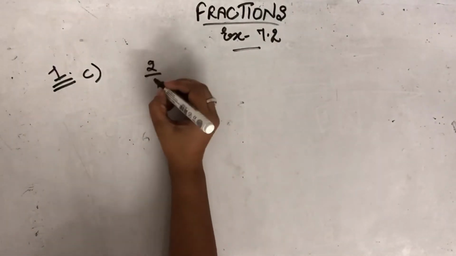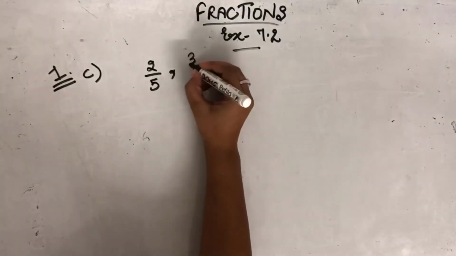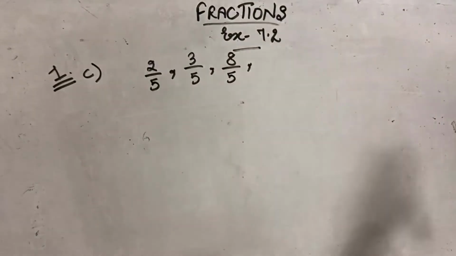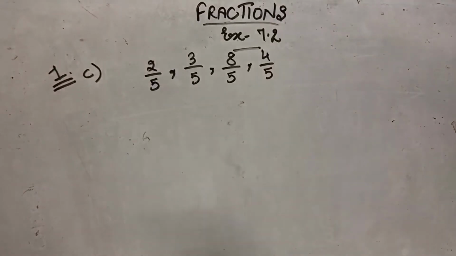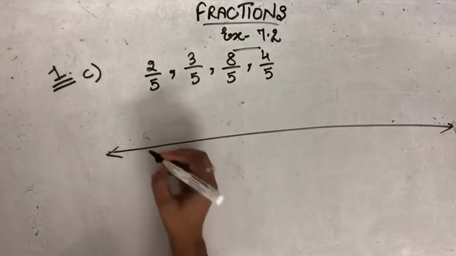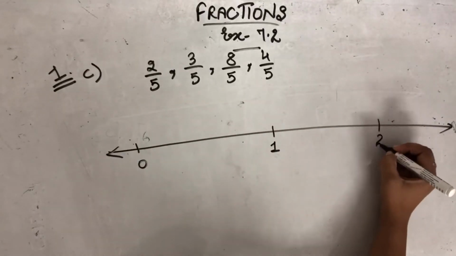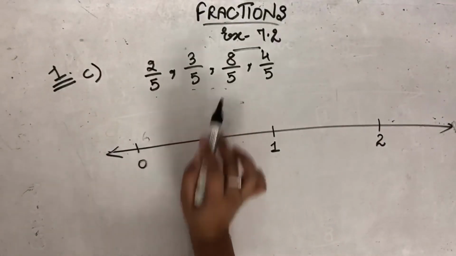Now you have to represent these fractions on a number line: 2 by 5, 3 by 5, 8 by 5 and 4 by 5. So first you have to draw a number line. This is 0, 1, 2. Now in denominator which number is present? 5.